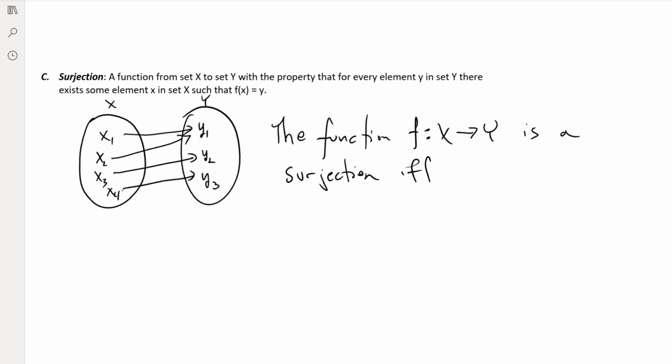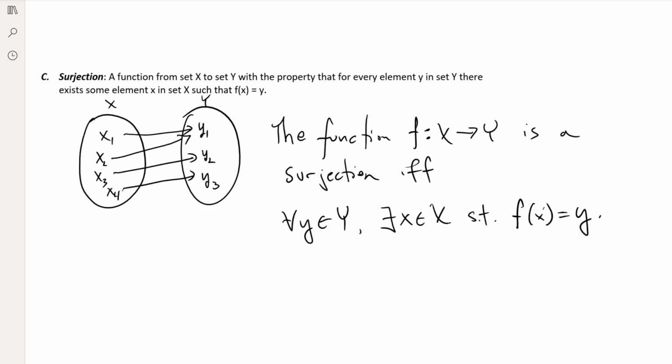And I'll write "if and only if" in a very shorthand form. So the function f from X to Y is a surjection if and only if, and then I'll write it like this. I'll say for every y, element of Y, there exists x, element of the set X, such that f at x is equal to that y value. So for every y that you would choose in the codomain, there is some element x in the domain that f at that x value produces y.